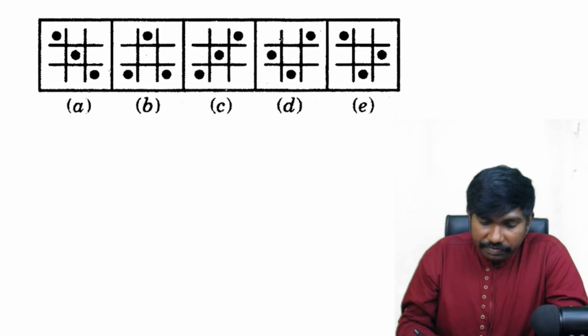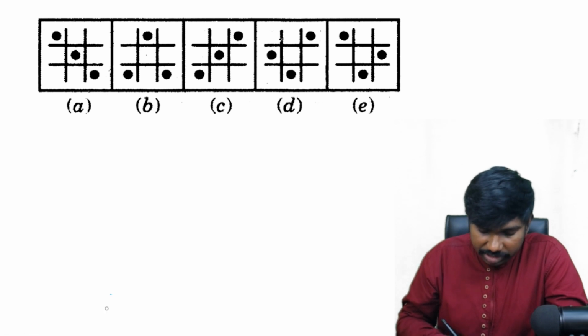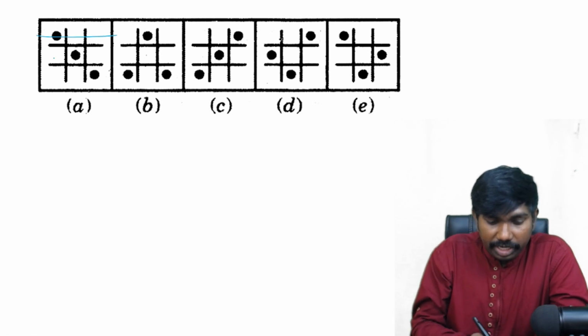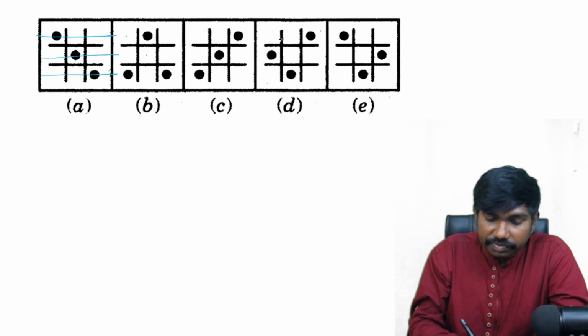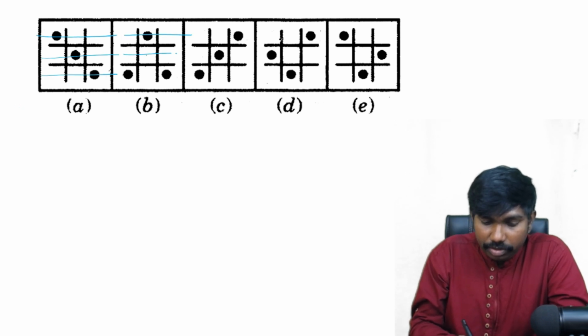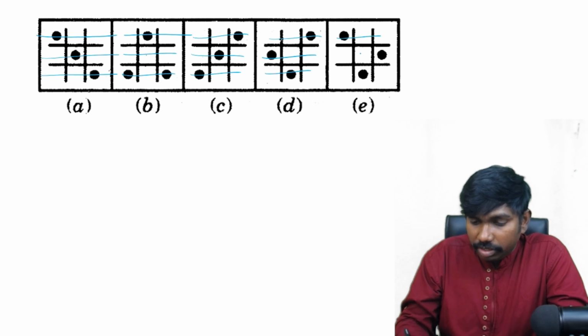Next question. In this figure, if I draw horizontal lines, we are getting at least one dot. Here one dot, no dot, one dot, sorry, two dots, one dot, one dot, one dot, one dot, one dot, one dot, one dot, and one dot.